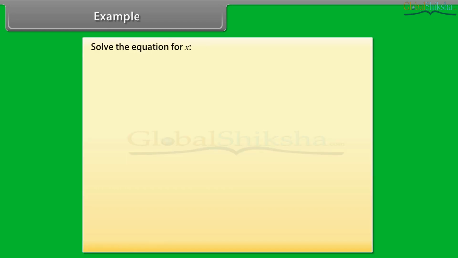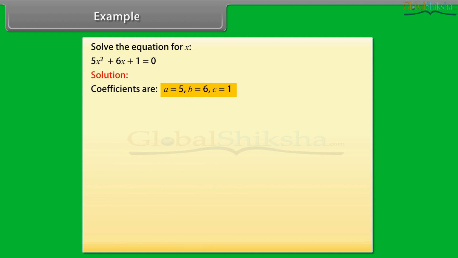Example: solve the equation for x. 5x square plus 6x plus 1 is equal to 0. Solution: coefficients are a is equal to 5, b is equal to 6, c is equal to 1. D is equal to b square minus 4ac. d is equal to 6 square minus 4 into 5 into 1 is equal to 16, as d greater than 0.